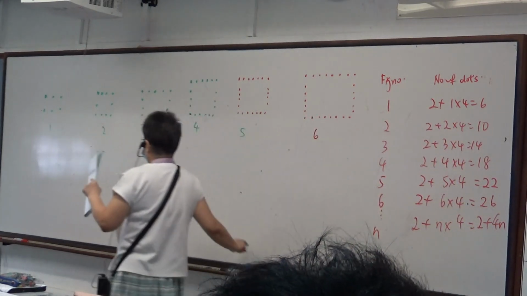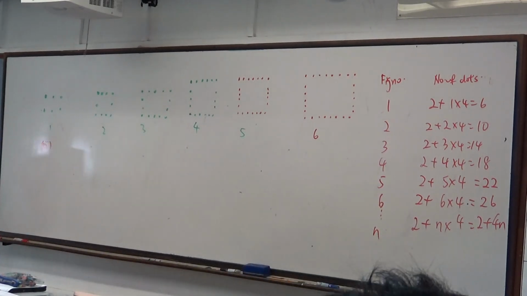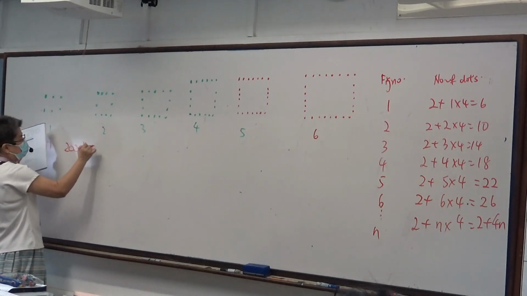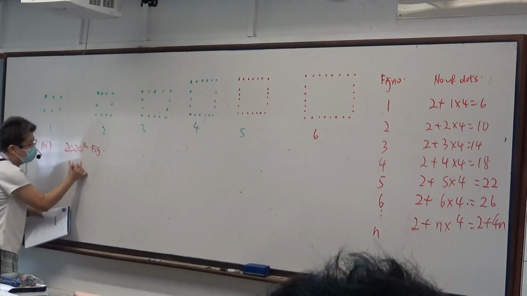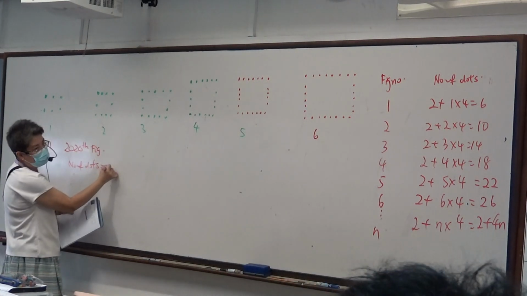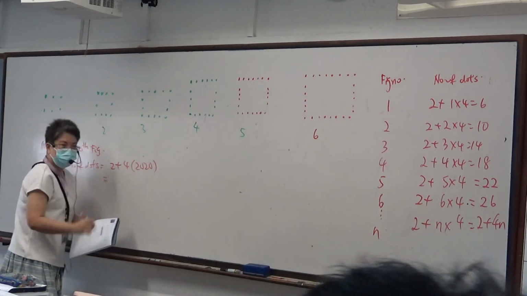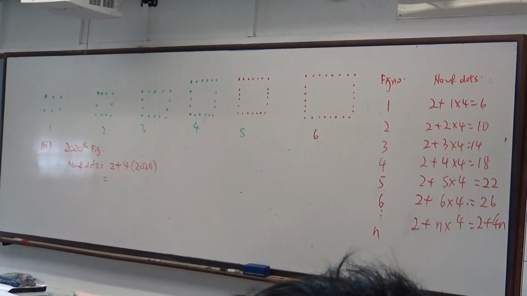Part 3. Find the number of dots in the 2020 figure. So, number of dots will be 2 plus 4 into 2020, right? Everyone agree? Yes or no?